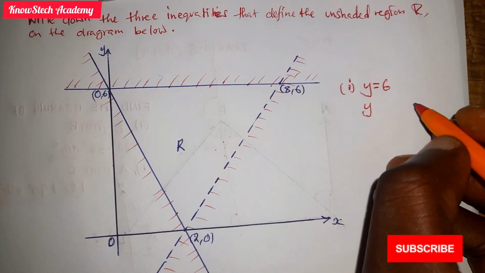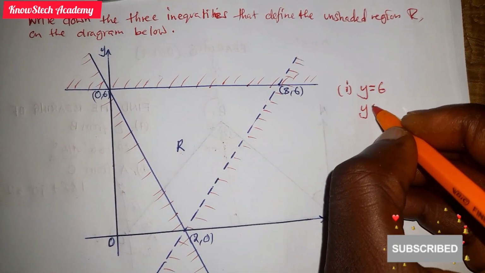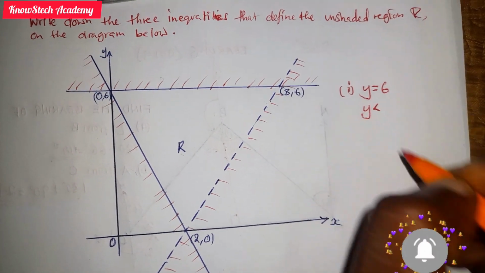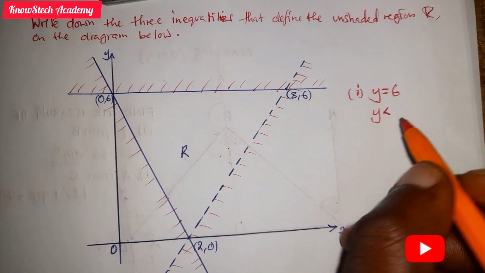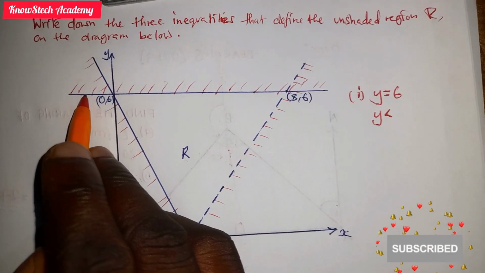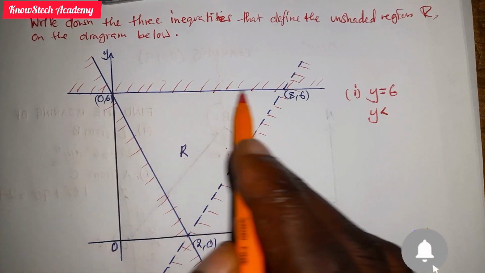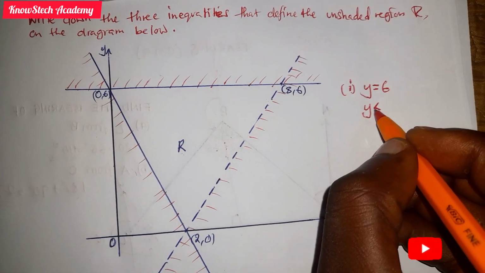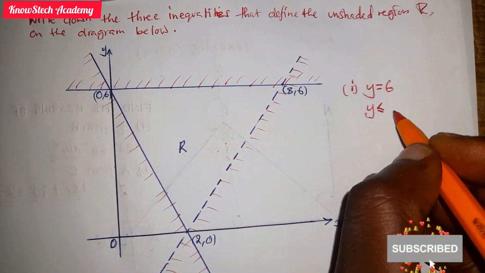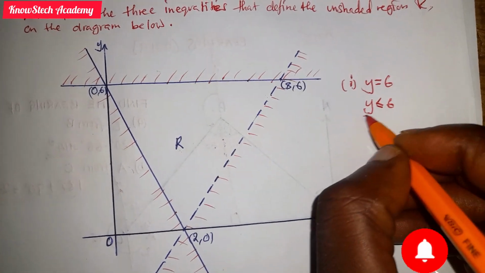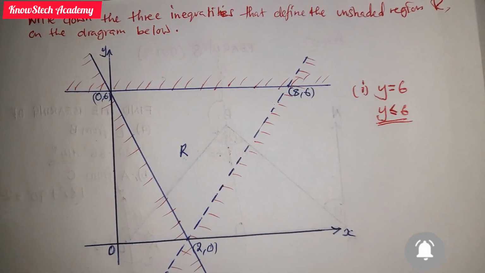So y is less than. Now, is it less than or equal to? You look at the nature of the line. The line is a solid line, so it will be less than or equal to 6. And this is the answer.